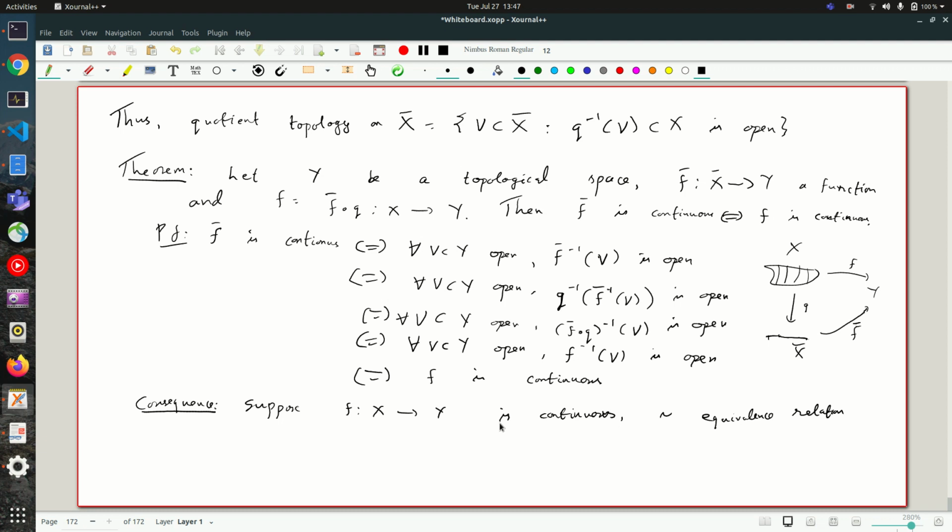So X bar is X over tilde, of course, as usual. Suppose this is continuous and we want a map on the quotient. Now you get a map on the quotient if two elements which are equivalent go to the same element. That is just at a set theoretic level, because you have to have a map on the equivalence class. And x1 is equivalent to x2 implies F of x1 equals F of x2. Just to clarify, these are elements in Y.